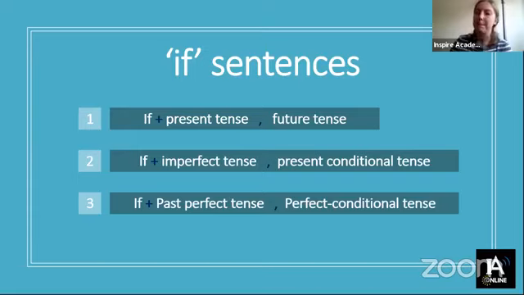If I went, I would see him. And then our third is imaginary situations in the past, where we have the past perfect tense followed by the perfect conditional. If I had gone, I would have seen him.